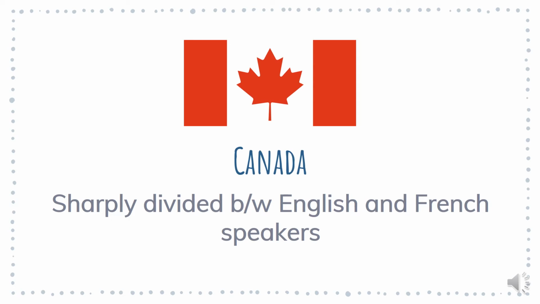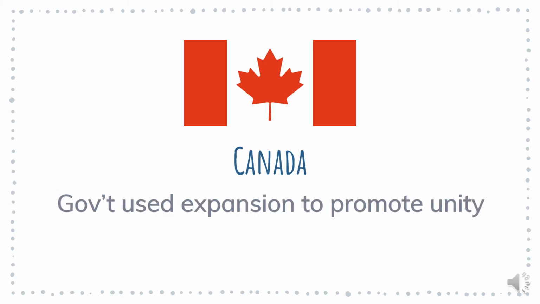So, even though the French no longer had territorial claims in Canada, there were still French speakers living in Canada. And there was a lot of division between people who spoke English and people who spoke French. And so the government, kind of in the same way that the United States used this idea of manifest destiny to unify the people and to push westward, the Canadian government did the same thing.